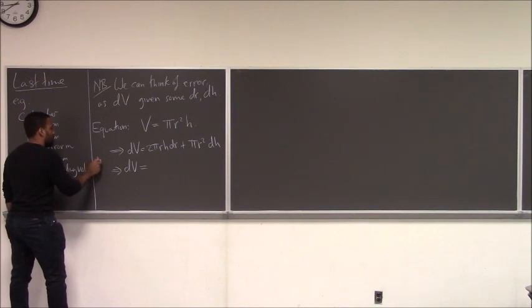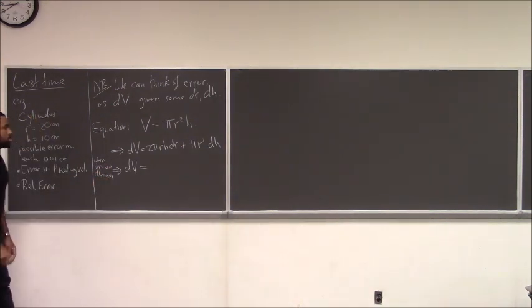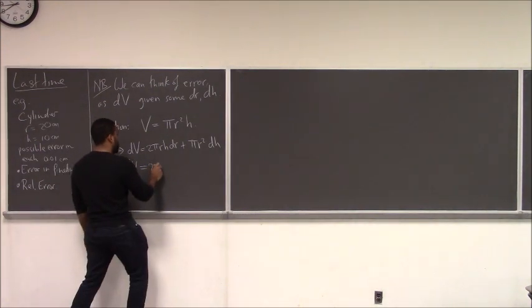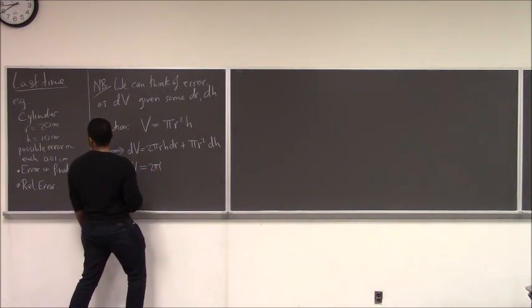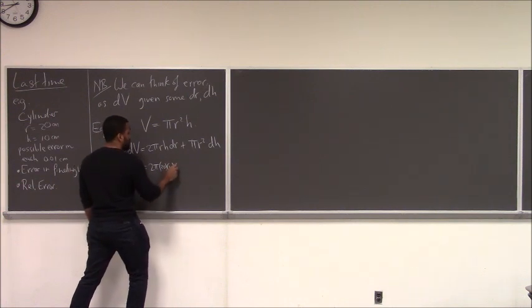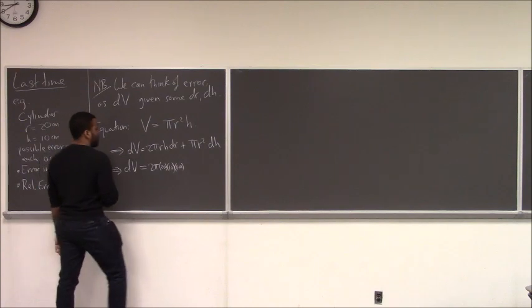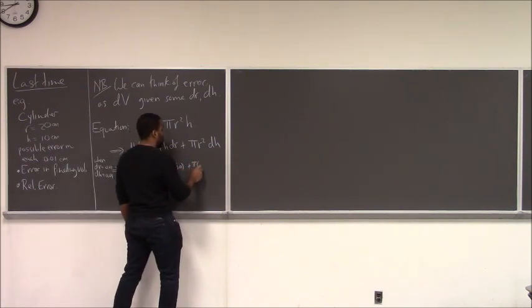So when dr is 0.01, dh is 0.01, our dV is going to be 2 pi r, 20, h is 10, dr is 0.01, plus pi r is 20, dh is 0.01.